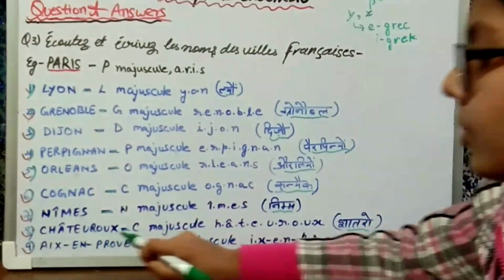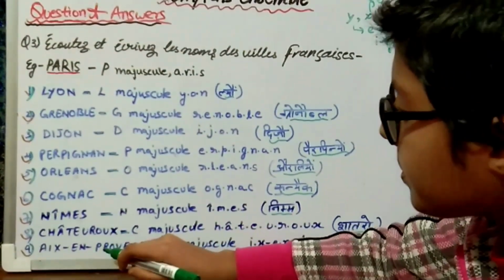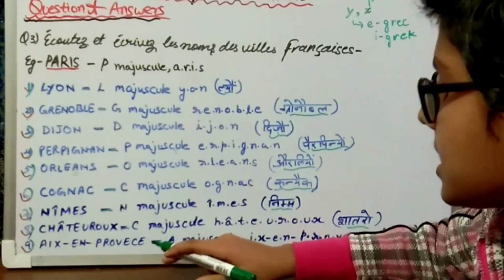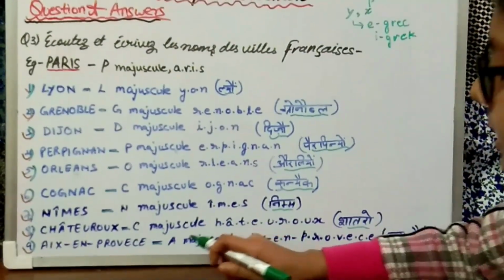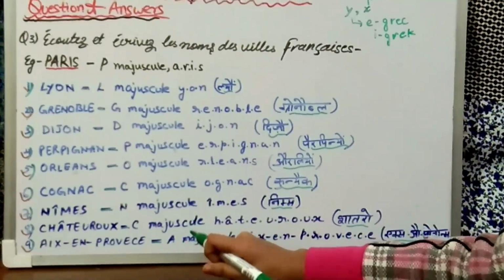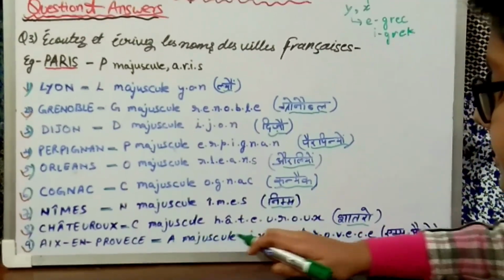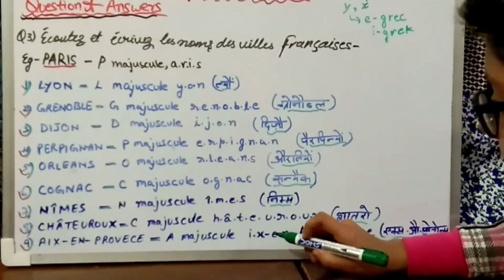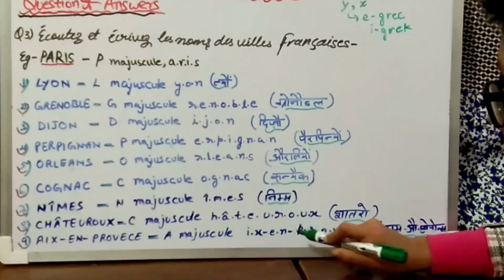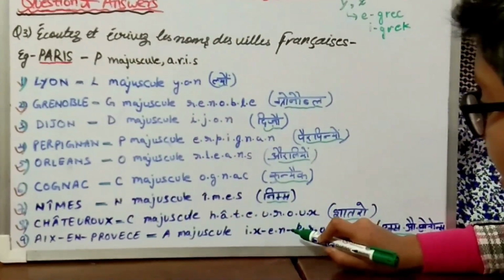So Aix-en-Provence. Then we have P-R-O-V-E-N-C-E. Then we will look at the pronunciation of each of the letters. Here we have A majuscule, I, X, E, N. Then we have the dash.